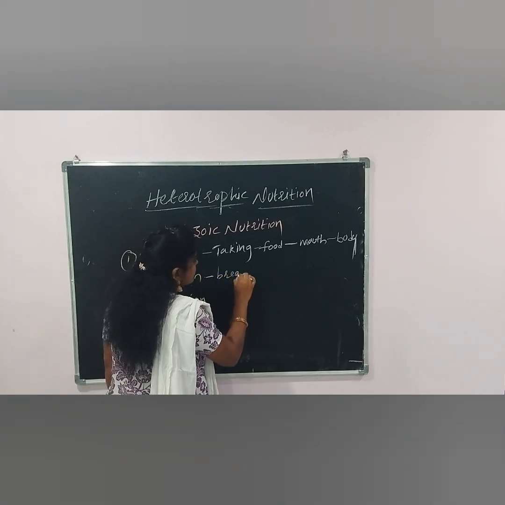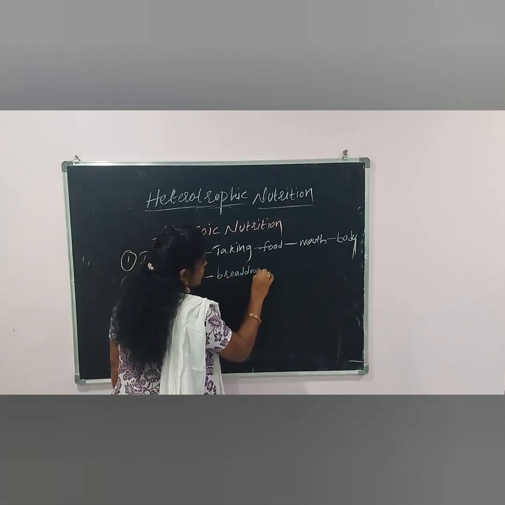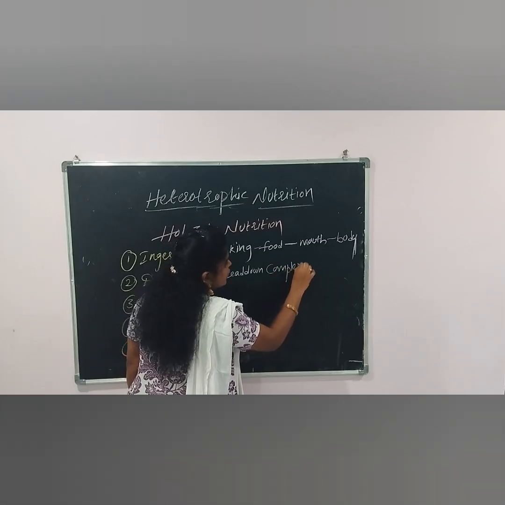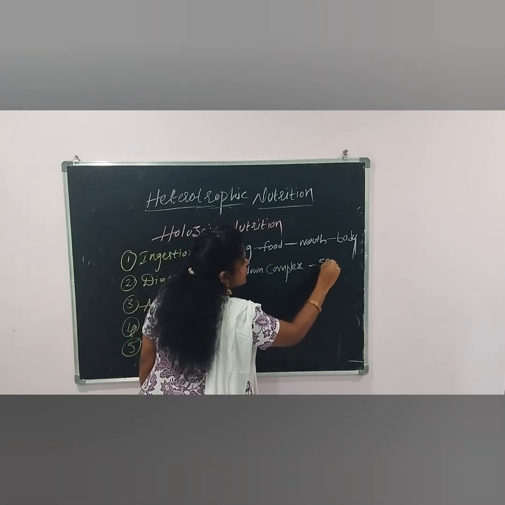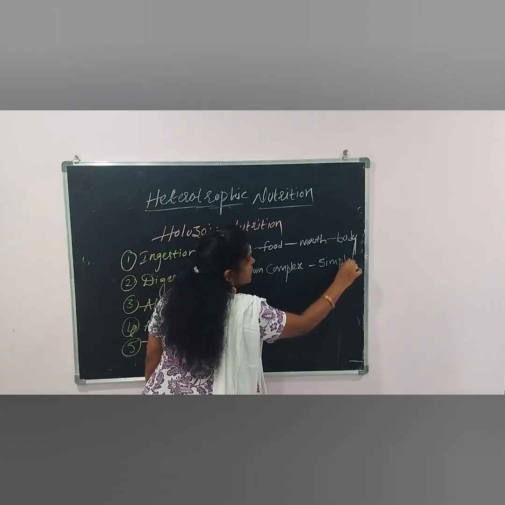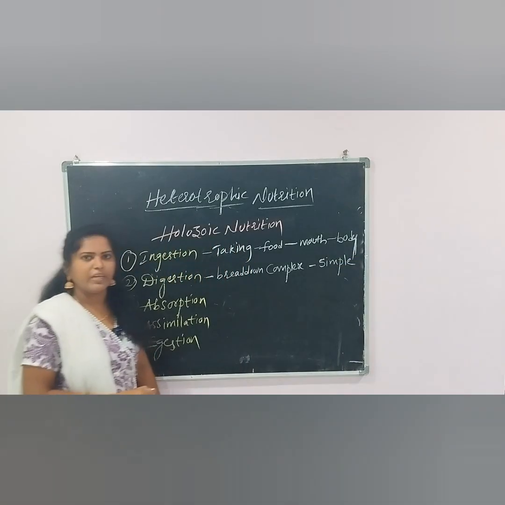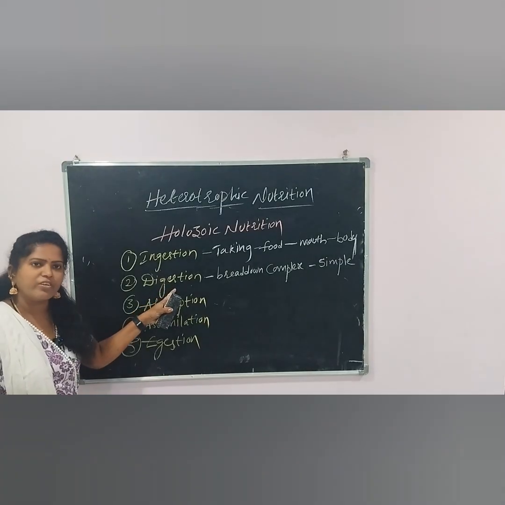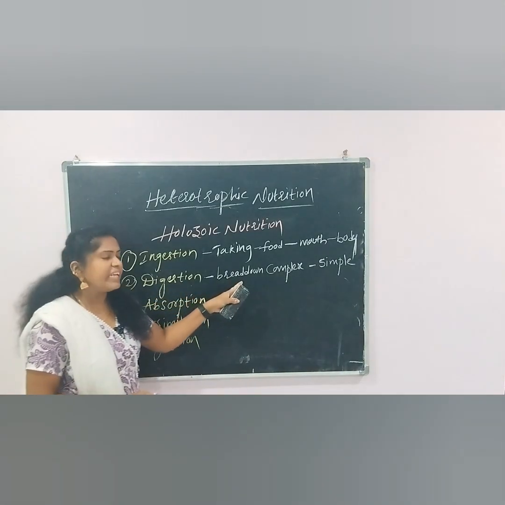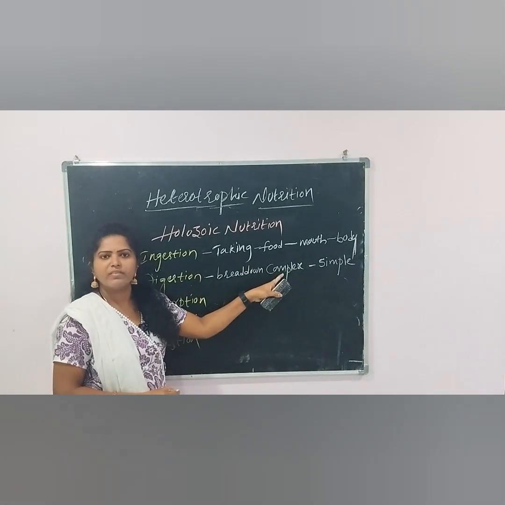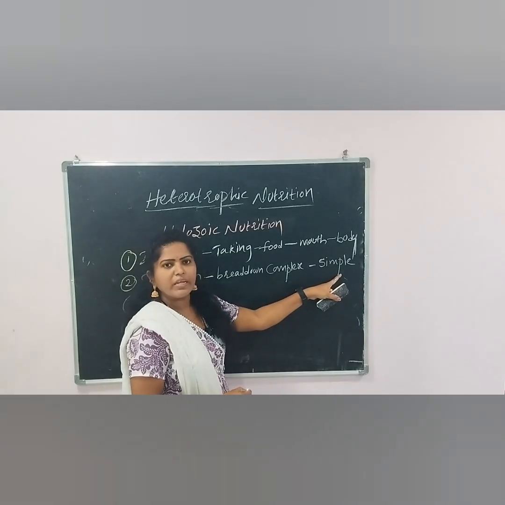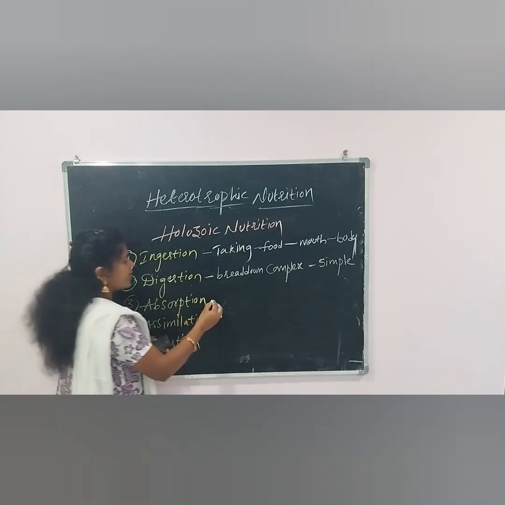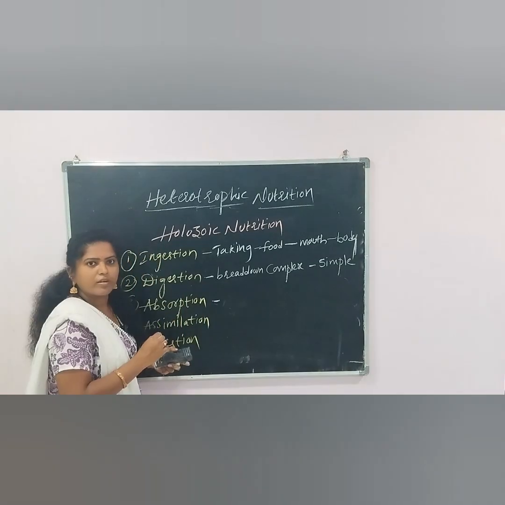Breakdown of complex food materials into simple food materials. Once again I am repeating, digestion. The process of breaking down complex food materials into simple food materials is called digestion. And what is absorption?